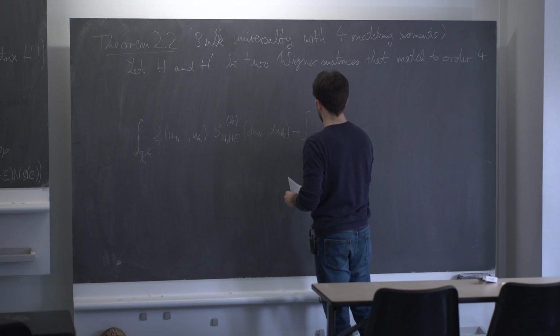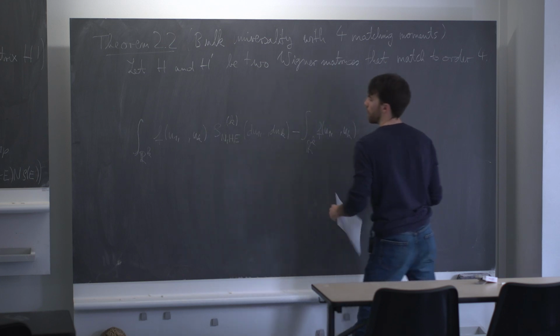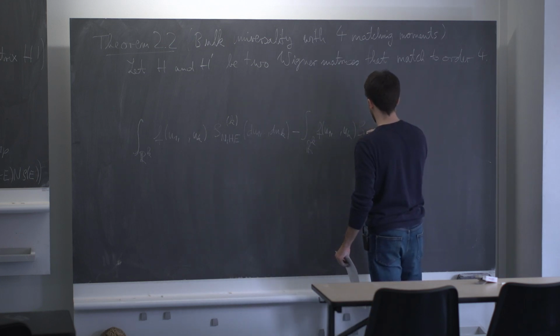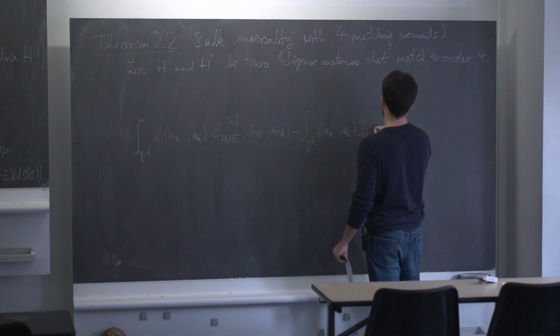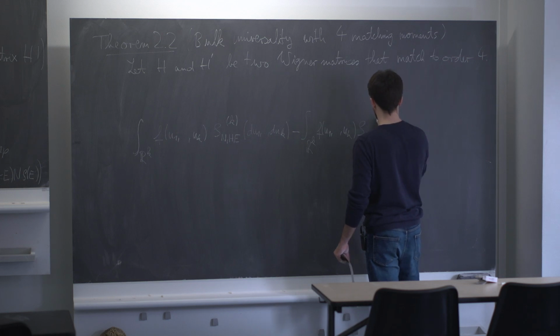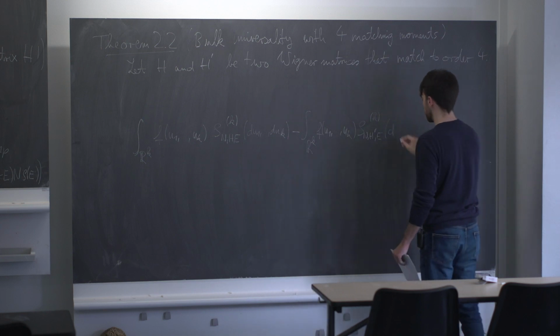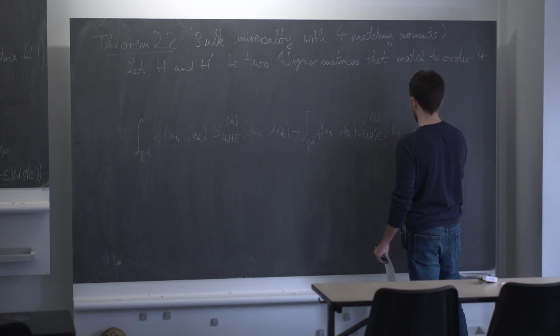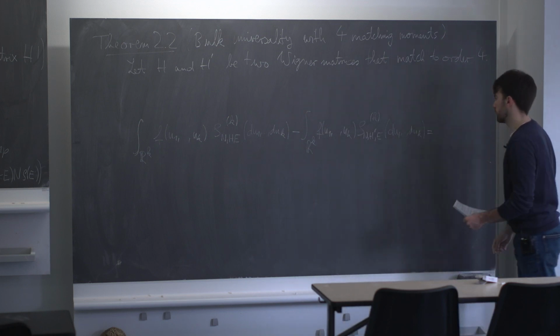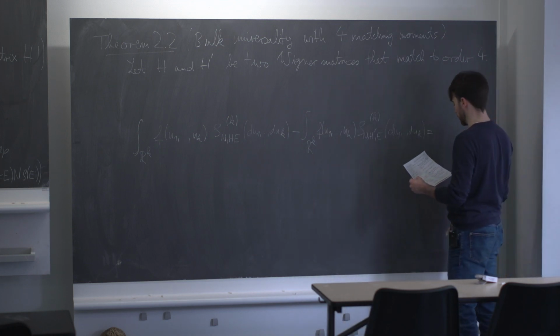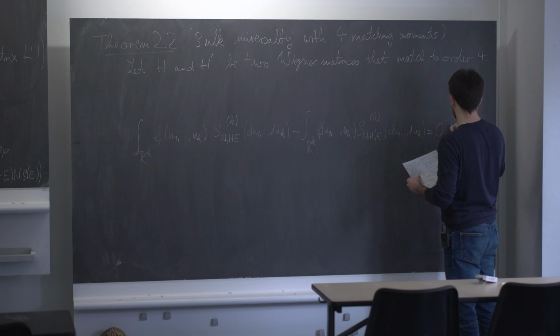So I have the same integral of f(u1, ..., uk) against the k-point intensity measure, now with respect to h prime, and I want this to be small.